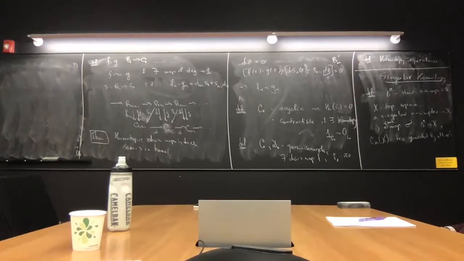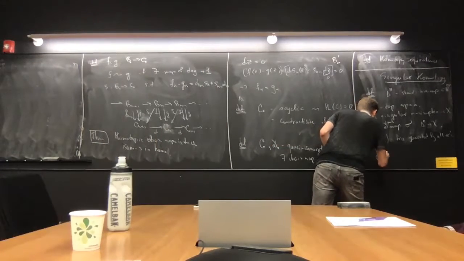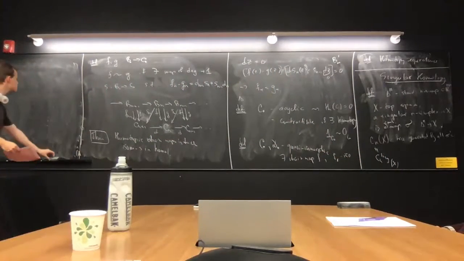Homological algebra, we don't do non-abelian. And sometimes we'll write C_n singular, when we compare it to other types.